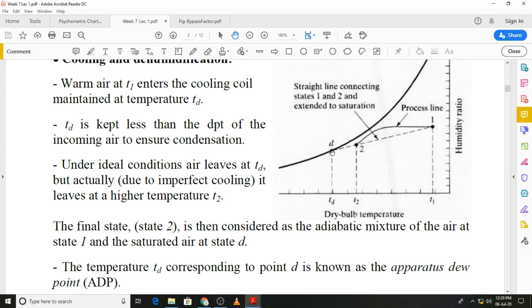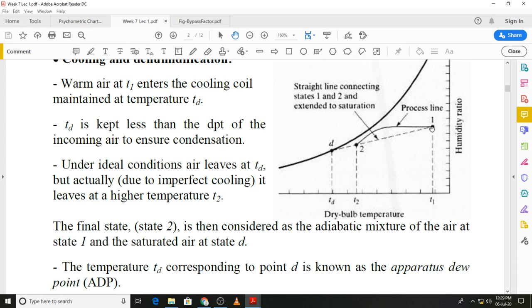And we will see later on how this actual process can be replaced by the process of adiabatic mixing of states 1 and D.